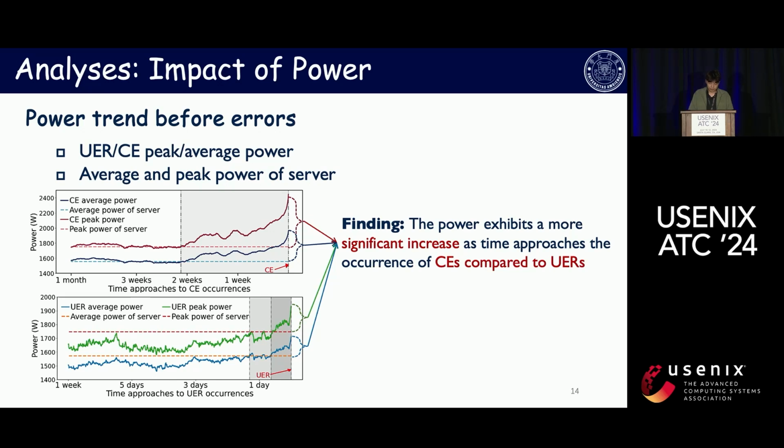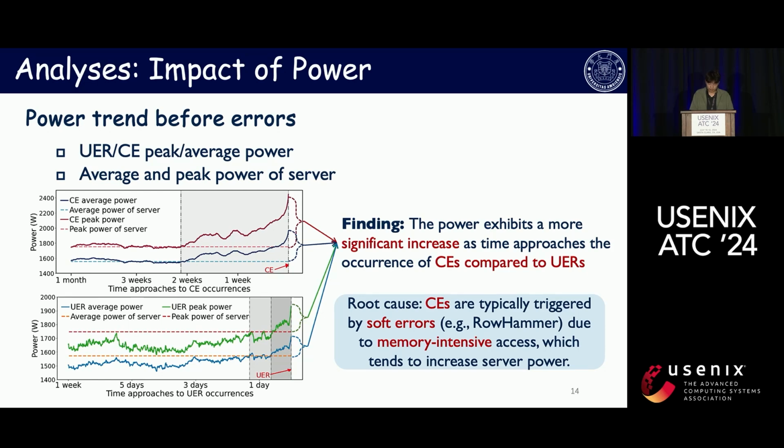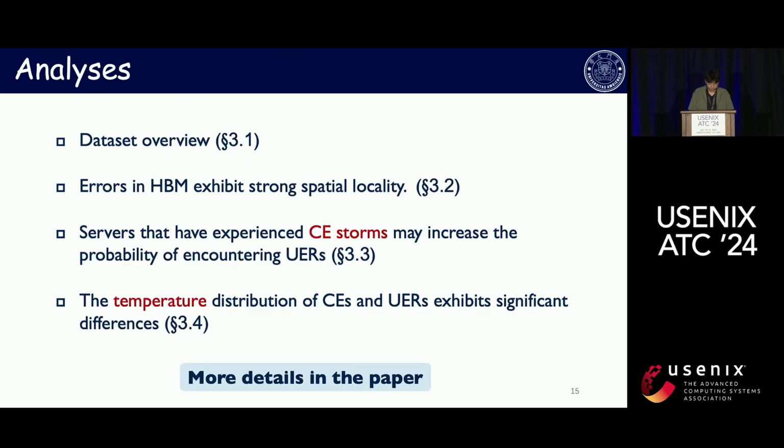Interestingly, we observe that the power increases more significantly as time approaches the occurrence of CEs compared to UERs. This is because CEs are typically triggered by soft errors resulting from memory-intensive access, such as Rowhammer, which requires higher power.